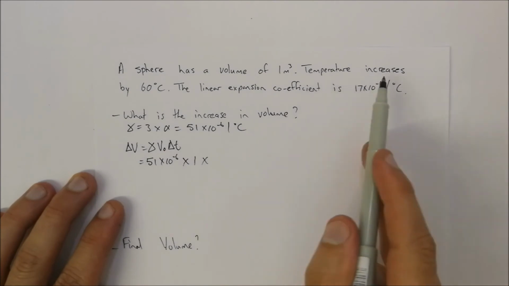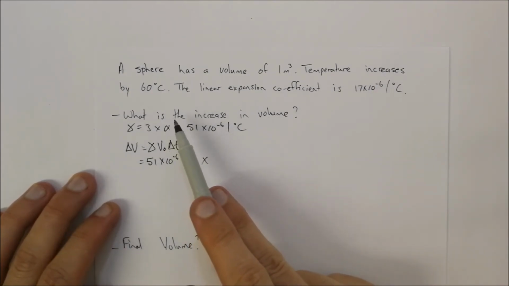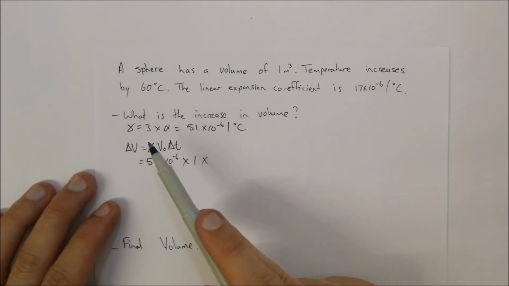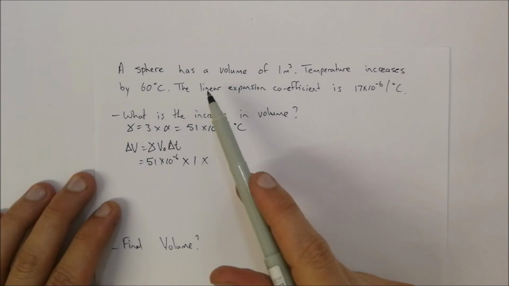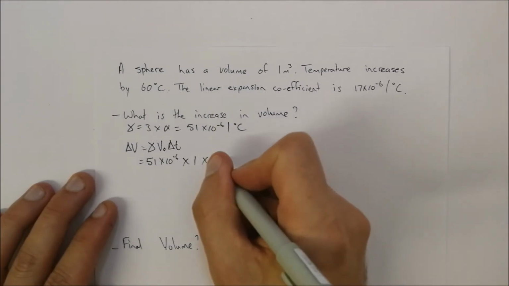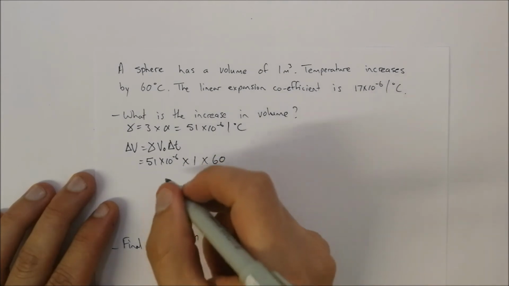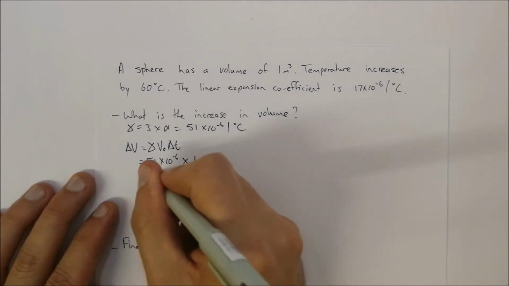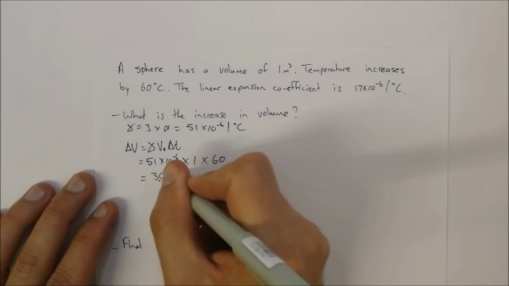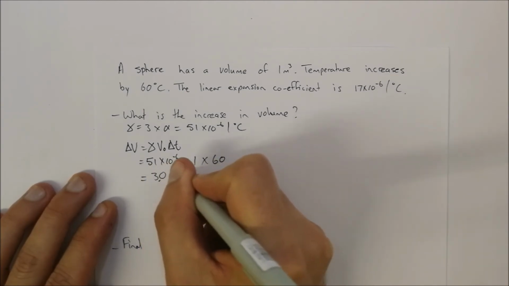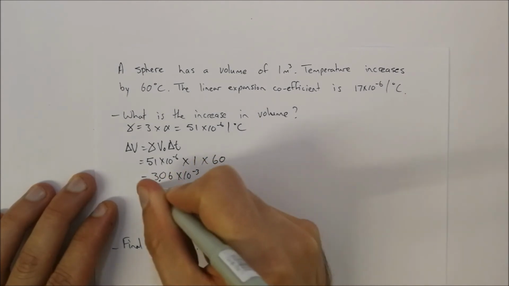We were told the temperature increases by 60, so we don't need the initial and final temperature. We know it's going up by 60, so we just use 60 here. Once we've done that, that is equal to 3.06 times 10 to the minus 3 cubic meters.